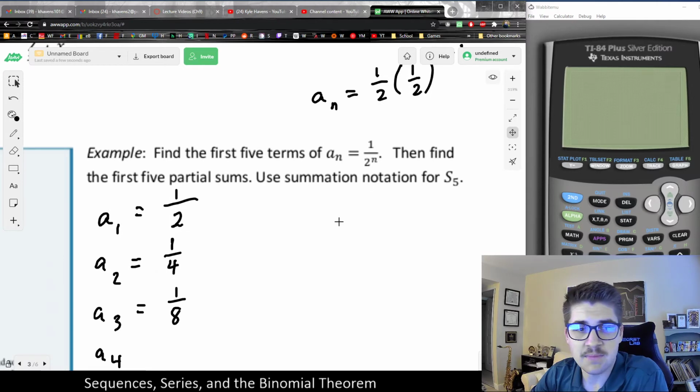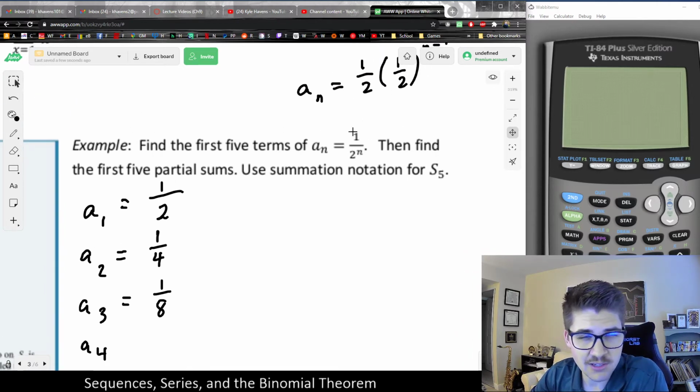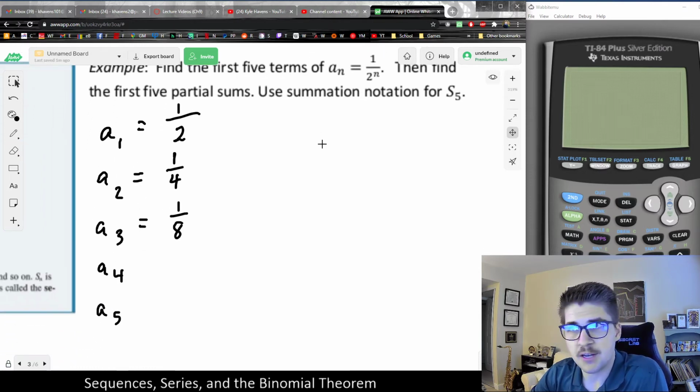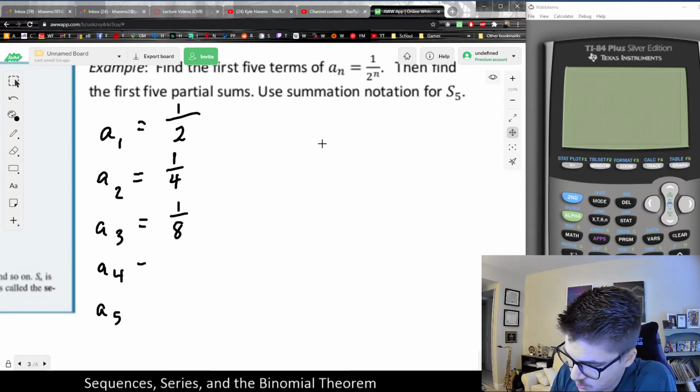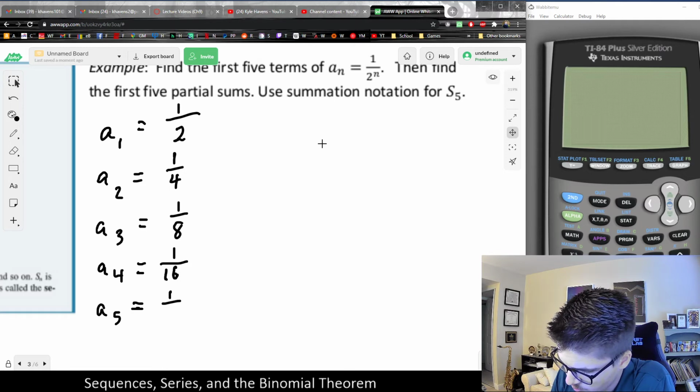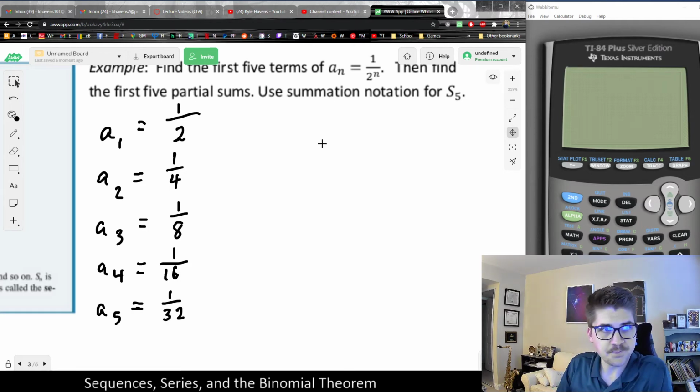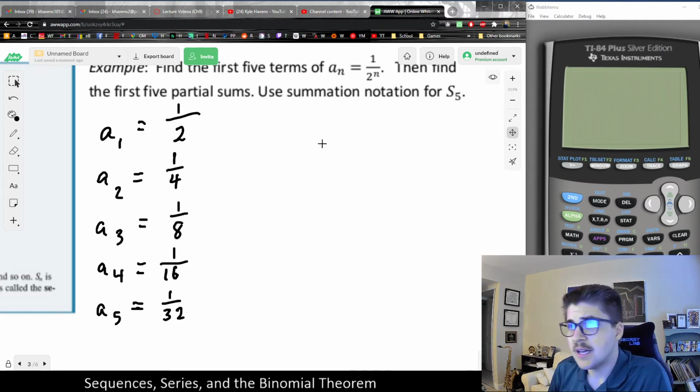So these are the same thing. Sometimes a geometric sequence might just look like a different exponential function in the denominator. Let's continue with finding the first 5 terms. Next would be 1 over 2 to the 4th, which would be 1 over 16, and then 1 over 2 to the 5th would be 1 over 32. So we get these particular 5 terms to start with.